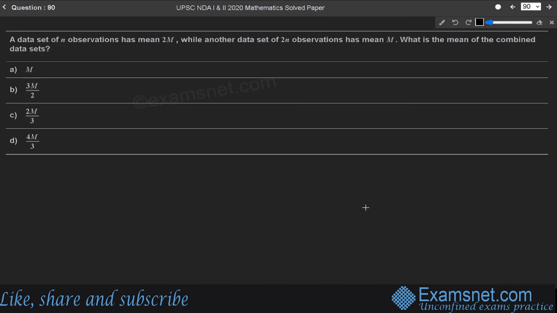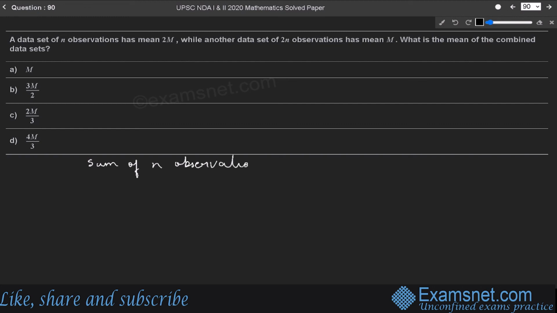Next question is a data set of n observations has mean 2m while another data set of 2n observations has a mean m. What is the mean of the combined data set? Again, there are two things which is given in the question. First, sum of n observations is given.